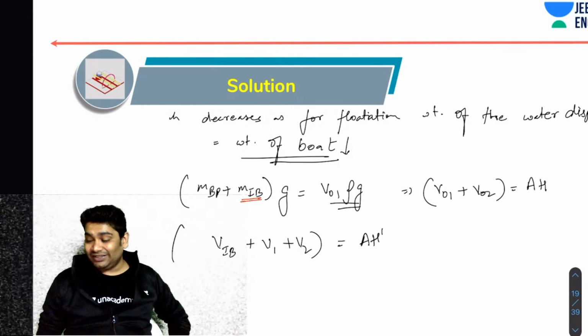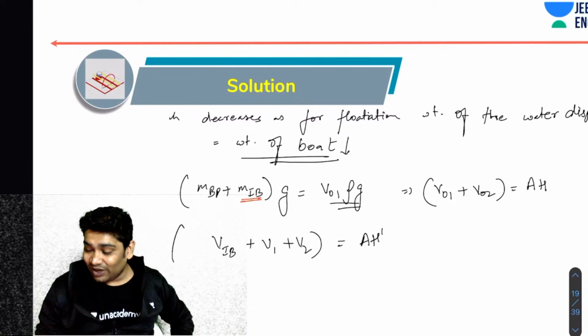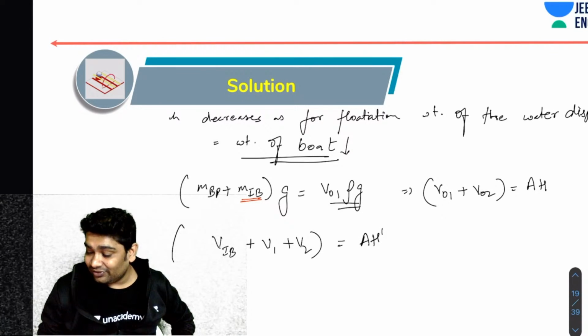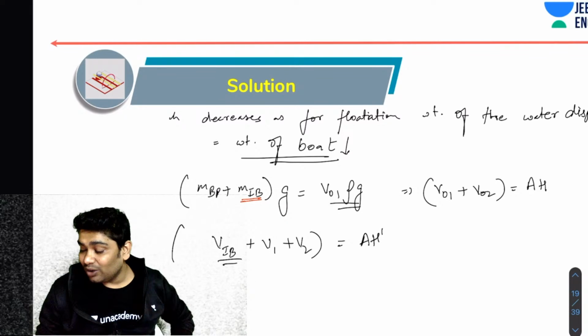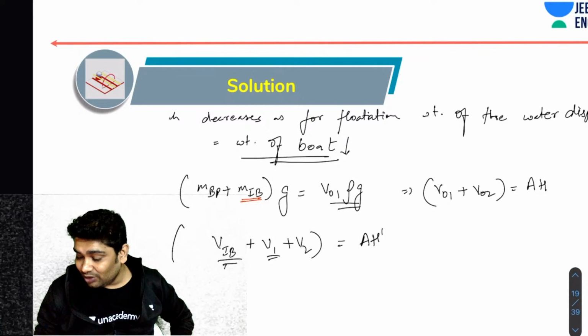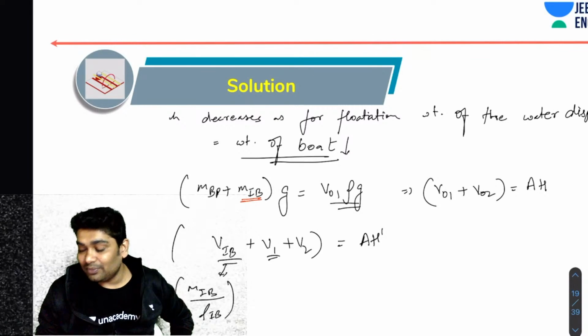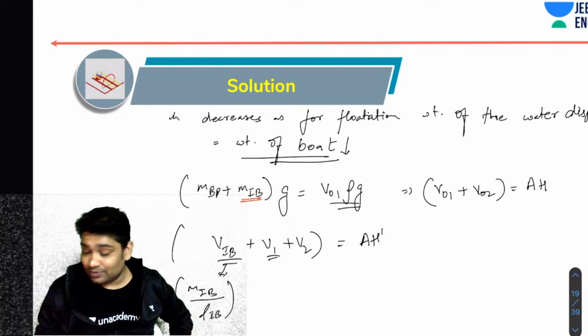Now let's talk about this. What will be the volume of the boat that is getting displaced? So volume of boat getting displaced, volume of iron balls is going to be mass of iron balls over density of iron balls. Correct? This is going to be the volume that is occupied by iron balls.